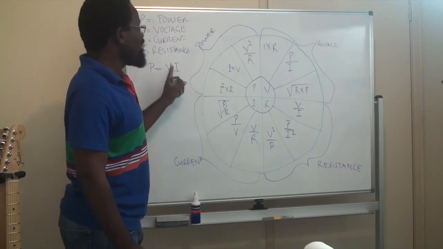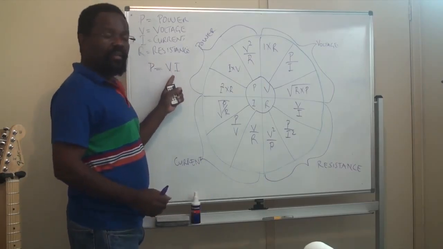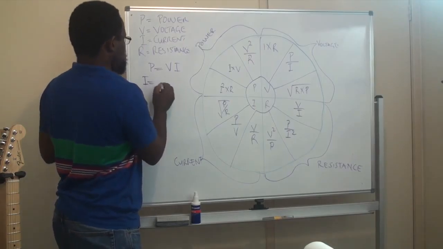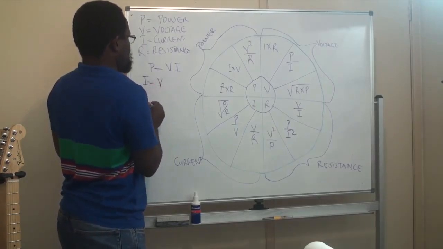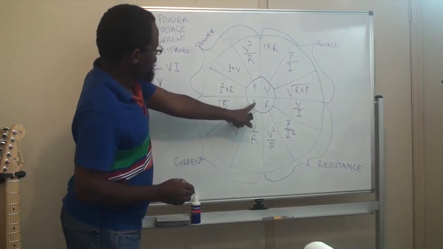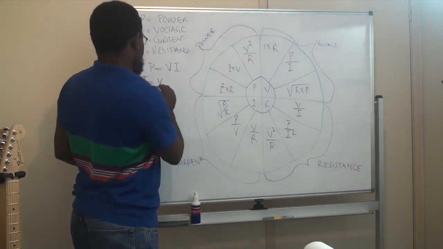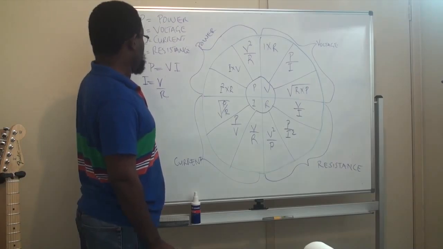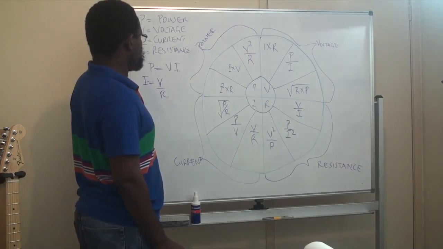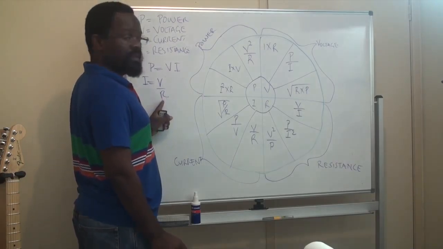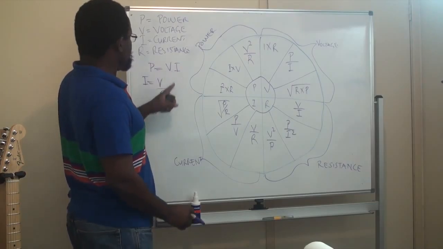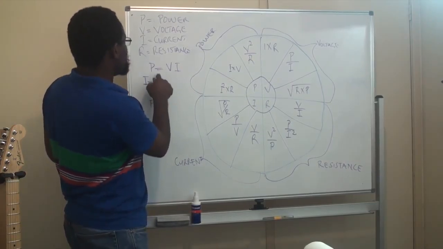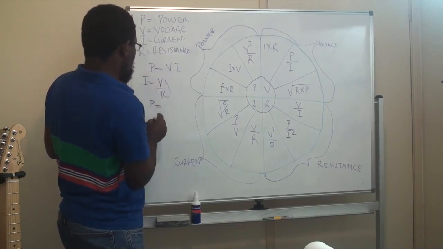Now in this formula, we know that I is equal to V over R. So we can substitute this into I there.